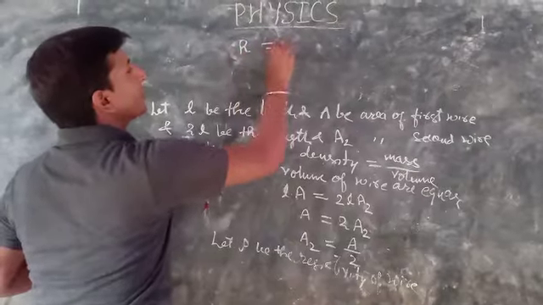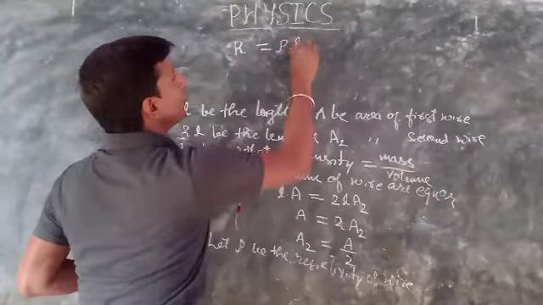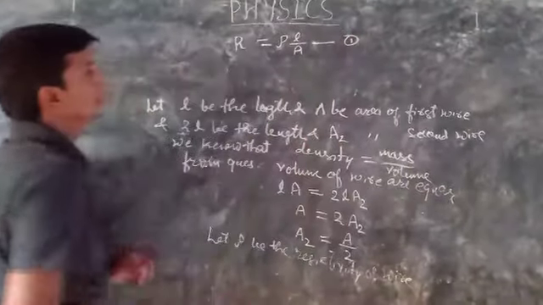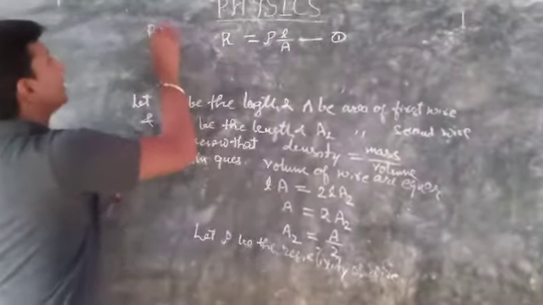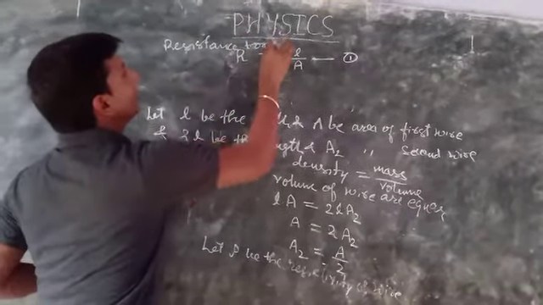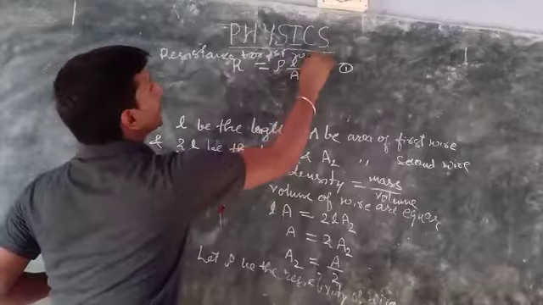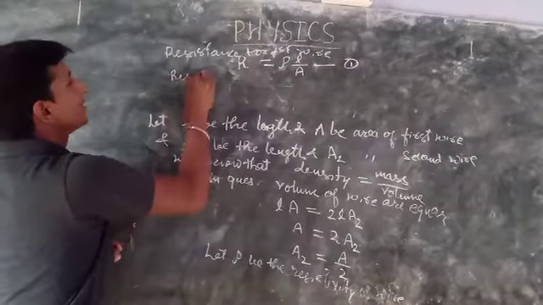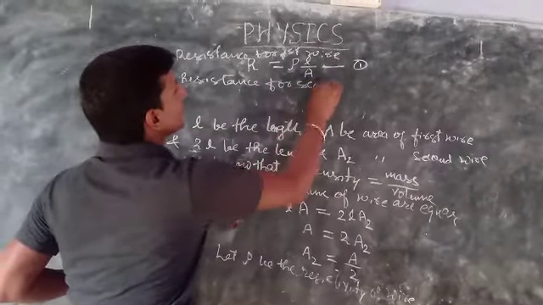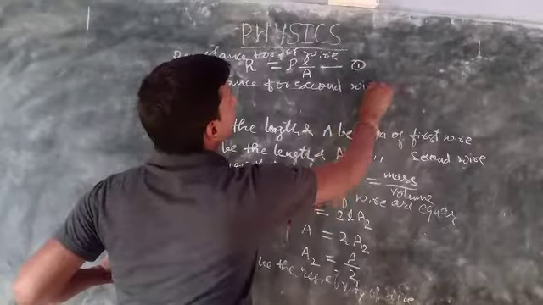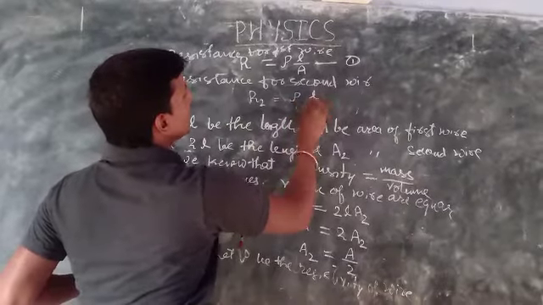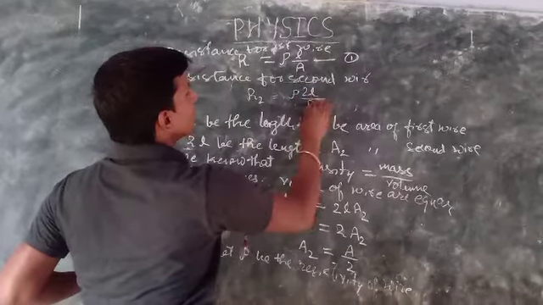Resistance of first wire is R equals rho into L by A, equation 1. Similarly, resistance for second wire, R2 is equal to rho into 2L by A2, that is A by 2.